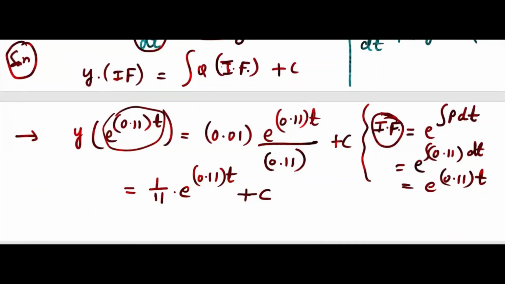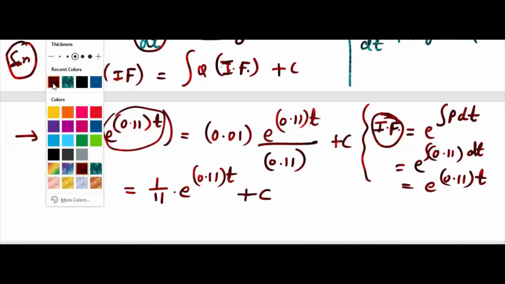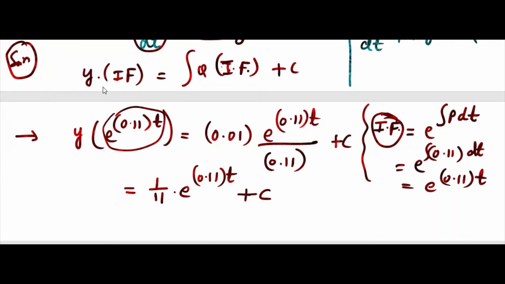I think I have to write this one as well. Y is P01 t, then you write e power 0.11 t.